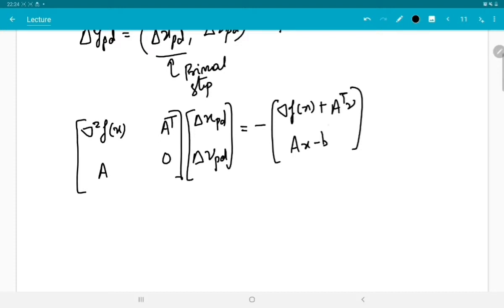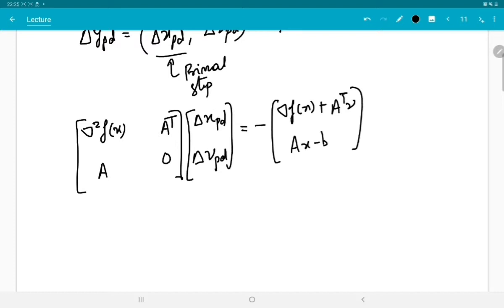r of y is the residue at the present step. This is by the definition of the residue. And now we have an A transpose here, nu here, so we can move that.